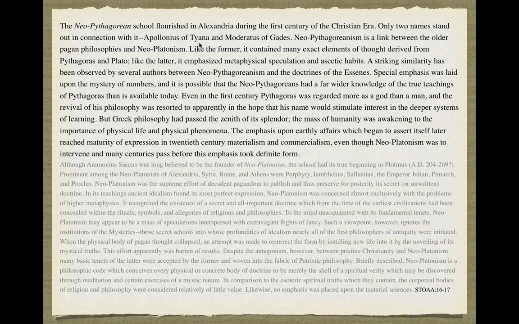Like the latter, it emphasized metaphysical speculation and ascetic habits. A striking similarity has been observed by several authors between Neo-Pythagoreanism and the doctrines of the Essenes. Special emphasis was laid upon the mystery of numbers, and it is possible that the Neo-Pythagoreans had a far wider knowledge of the true teachings of Pythagoras than is available today.